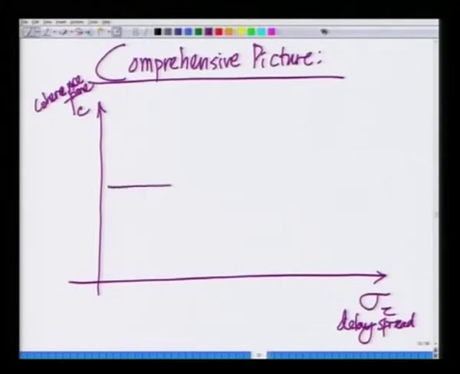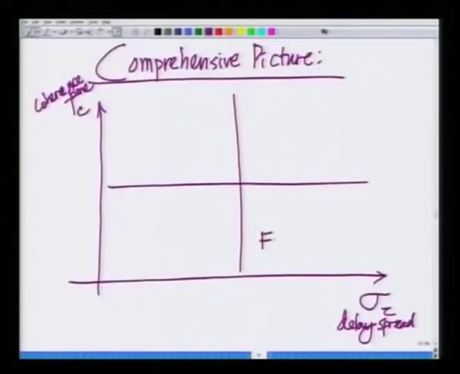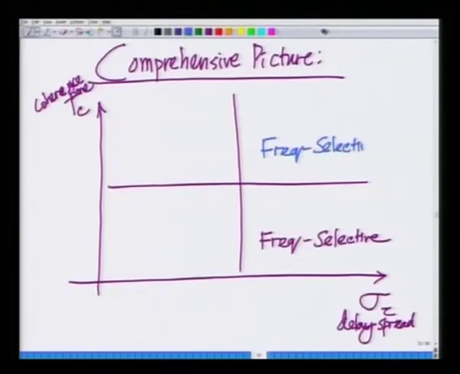I will divide this into 4 quadrants. For very high delay spread, the delay spread becomes greater than the symbol time, so the channel becomes frequency selective. Here also it is frequency selective.